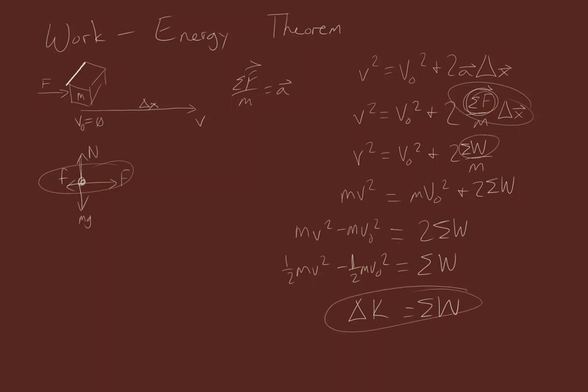So if the frictional force was just as strong as the applied force, we would have no net work, and the box wouldn't gain speed. If it was already at rest, it would have just stayed at rest. If it was moving, it would have kept its own velocity.